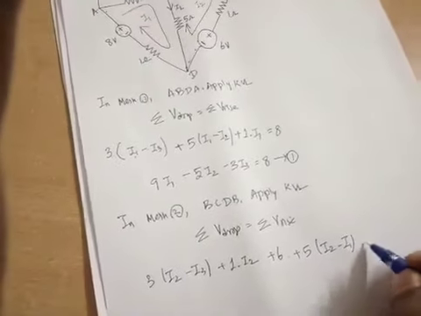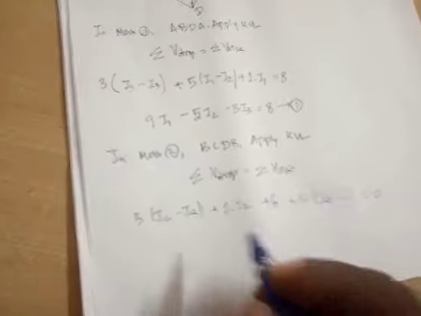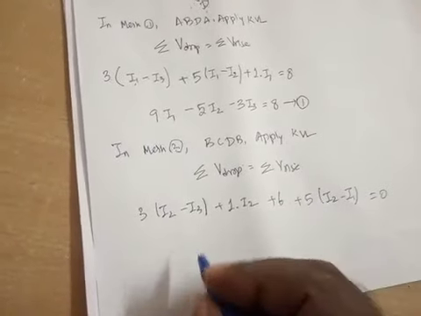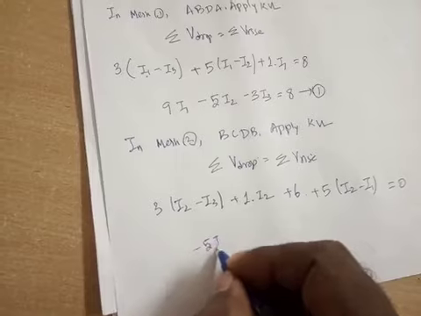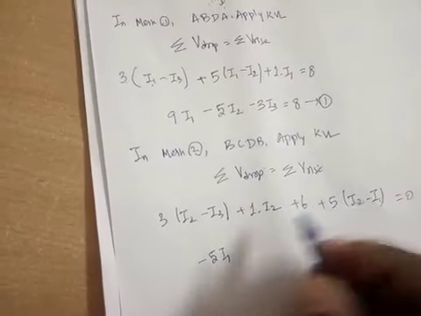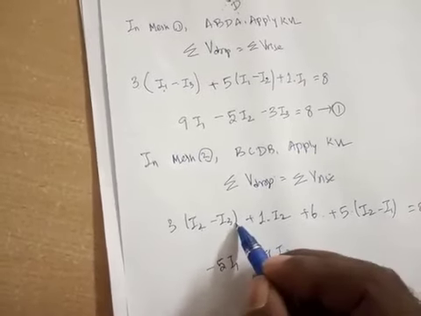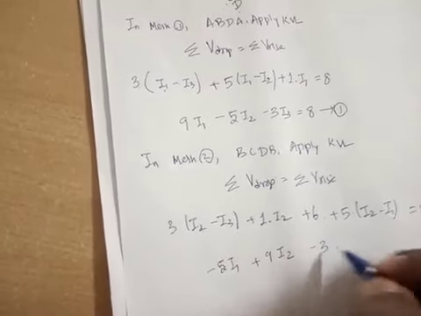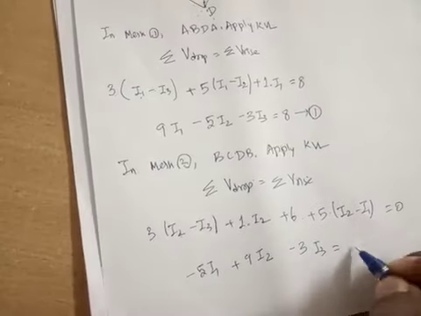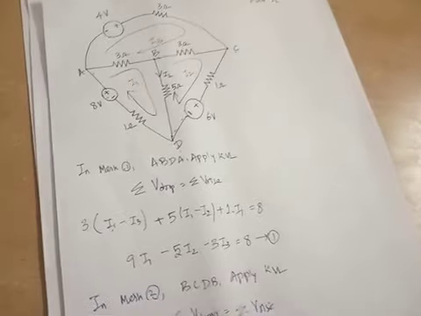So 5 into I2 minus I1 equals 0. Solving, minus 5I1, 3I2, 4I2 plus 5I2, you get 9I2 minus 3I3 equals 0. So this is our second equation.